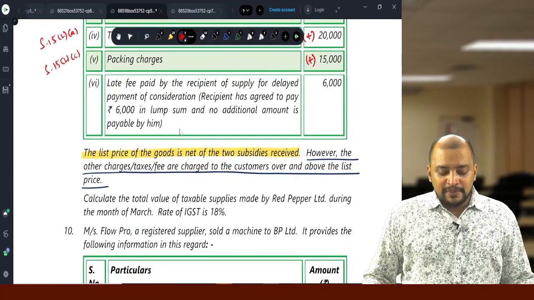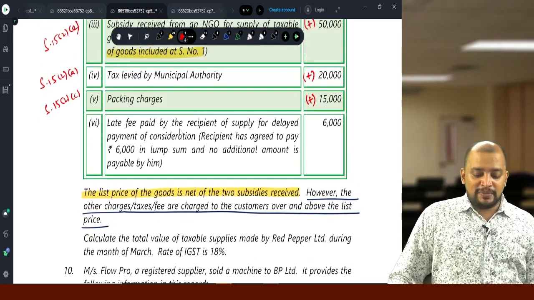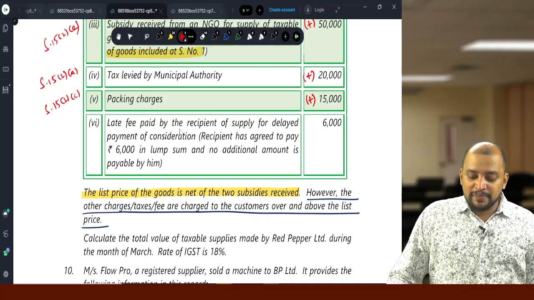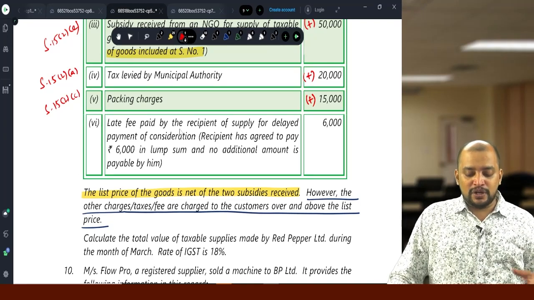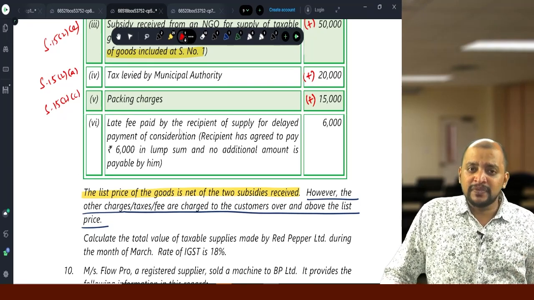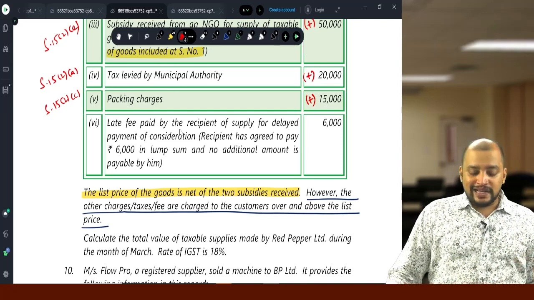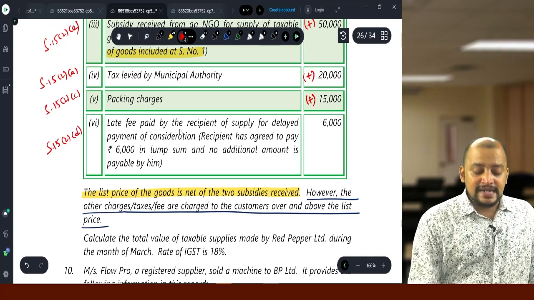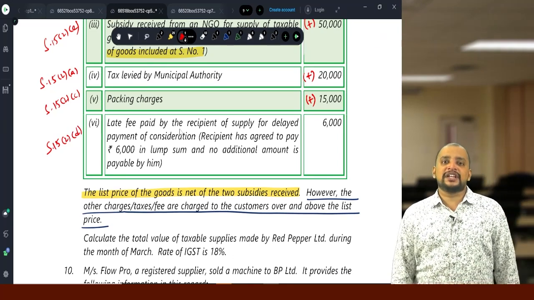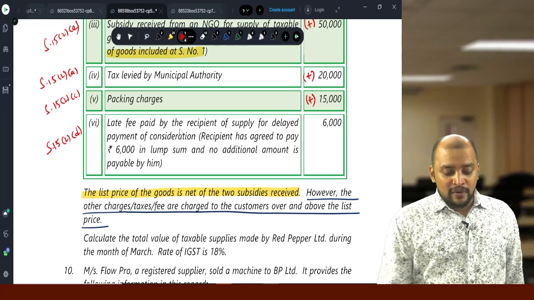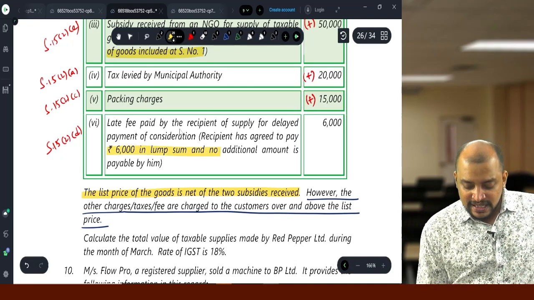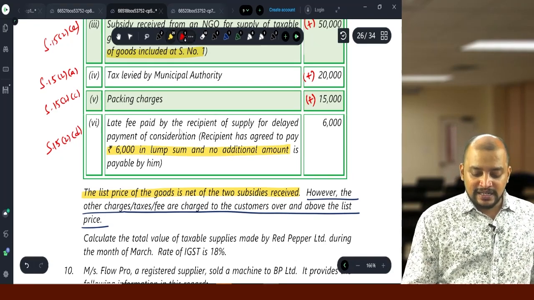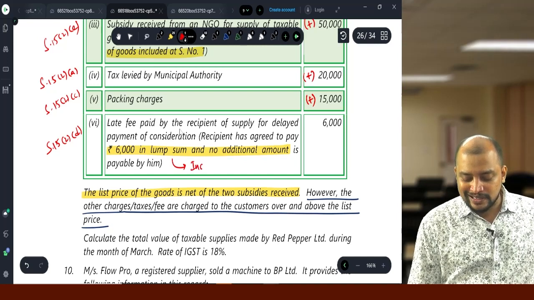Then late fee paid by the recipient of supply for delayed payment of consideration. Recipient has agreed to pay 6,000 in lump sum and no additional amount is payable by him. So interest, late fee or penalty for delay in receipt of consideration is included in the value. And here they gave one word, this 6,000 is received in lump sum, which means that 6,000 is inclusive of GST.